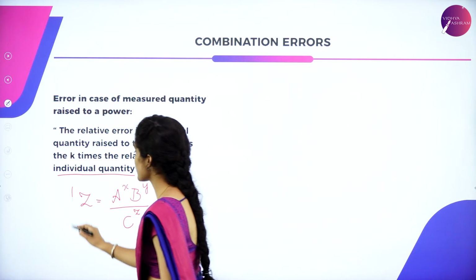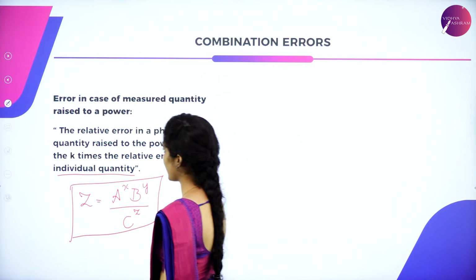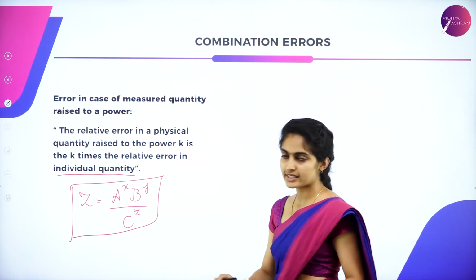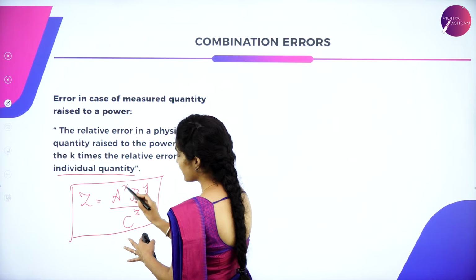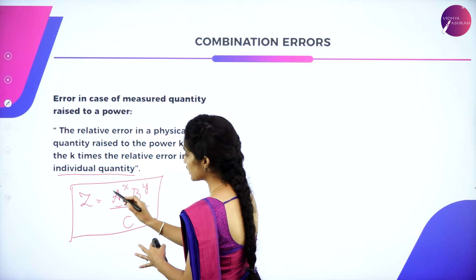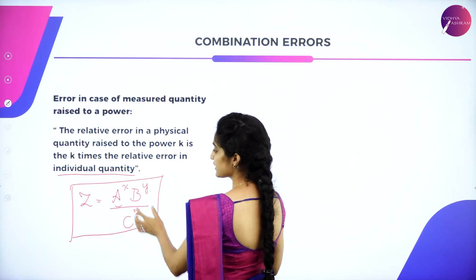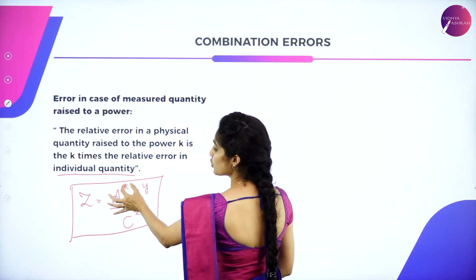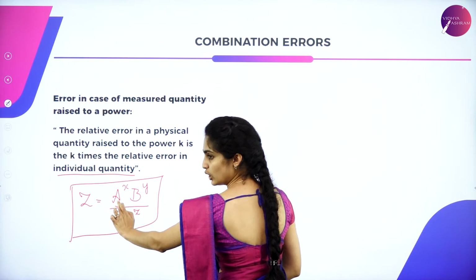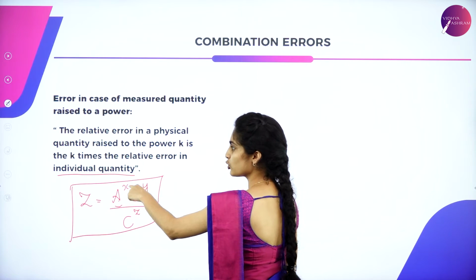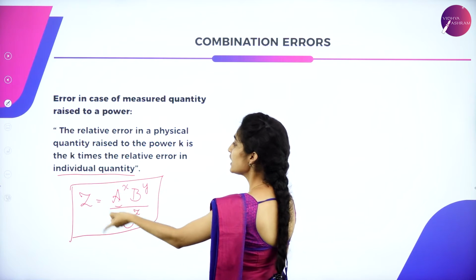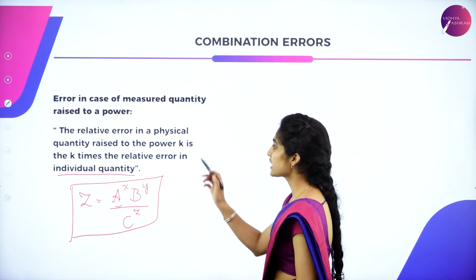If this is the question, you will have to find out the relative error in a physical quantity. Consider x as the power of physical quantity A. So if the relative error in a physical quantity is raised to the power, superscript, okay, raised to the power k.